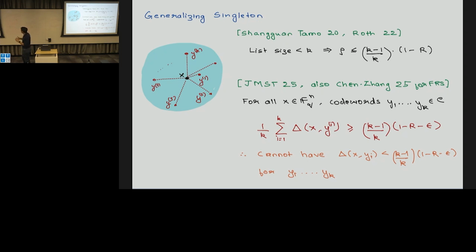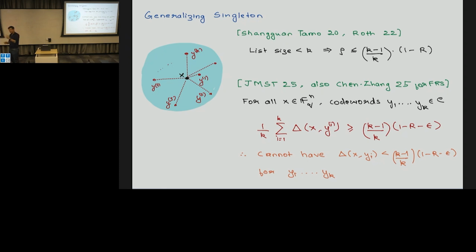And what we can show is something which achieves that kind of bound, or is close to that bound, for every k. Not just k equals 1 over epsilon, which would be 1 minus r minus epsilon, but for every k. Formally, we show an even stronger version: pick any corrupted word around which you are going to try and do list decoding.